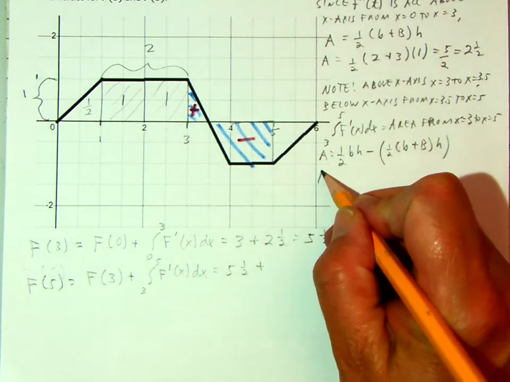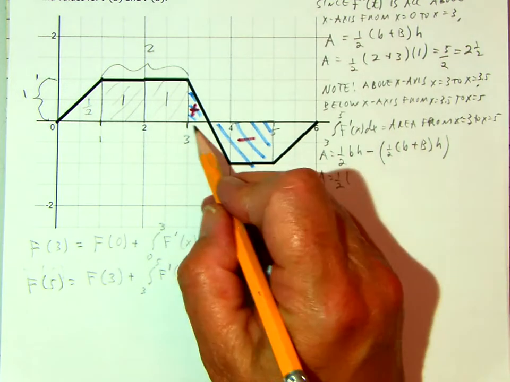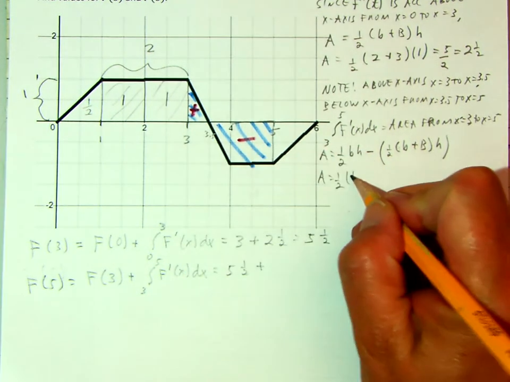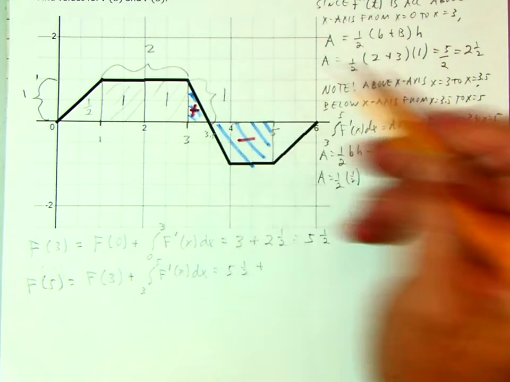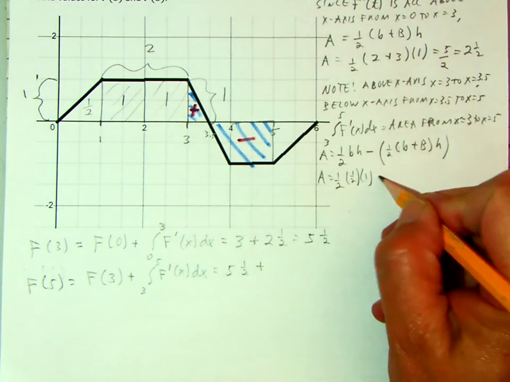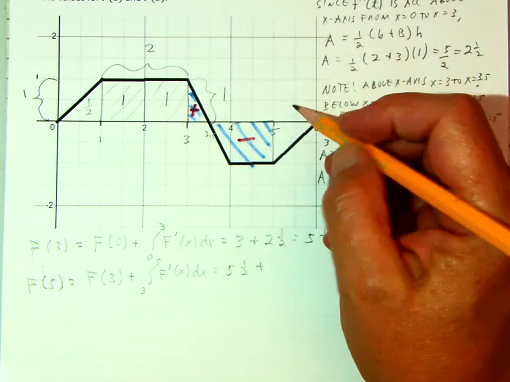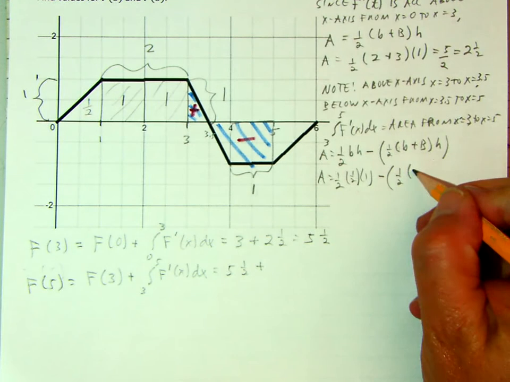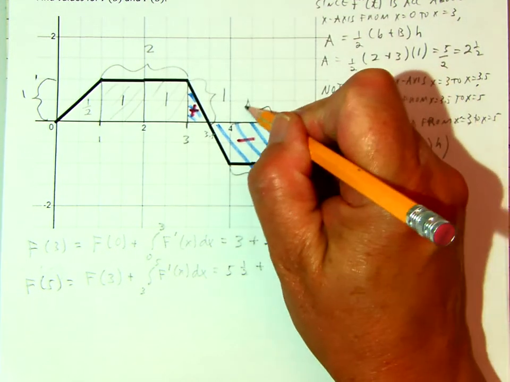So that would be 1/2 the base of the triangle. This is 3.5 right here, so that's 1/2. The height here is 1, times 1, minus 1/2 times little base 1 plus big base.